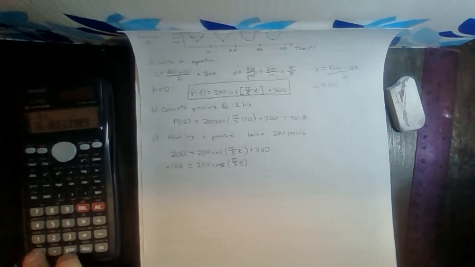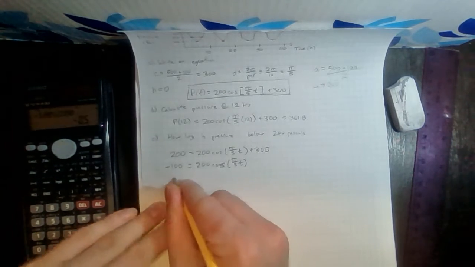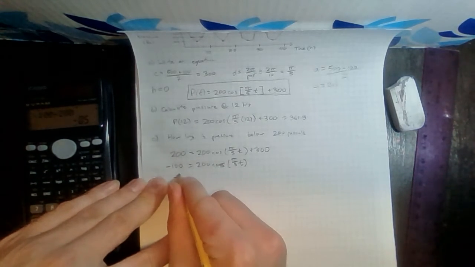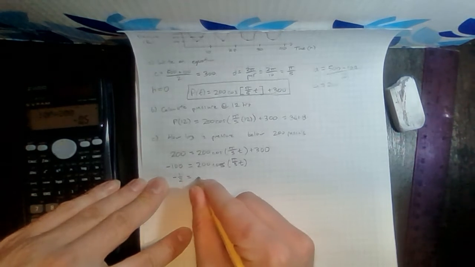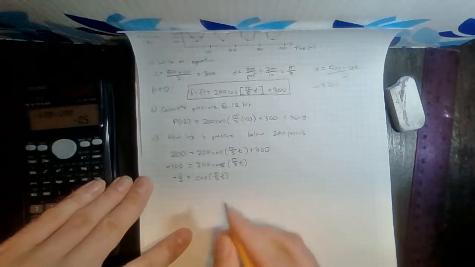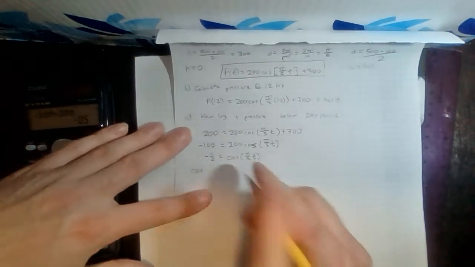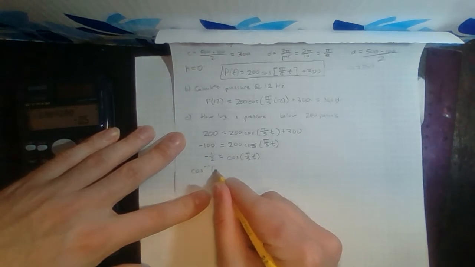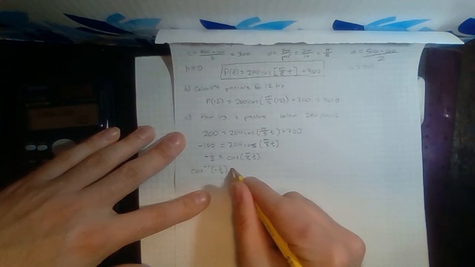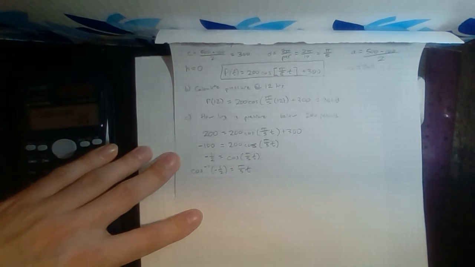So negative 100 divided by 200, well, that's just negative a half. Then we need to take the inverse cosine of negative 1/2. And that's going to be pi over 5 times t.